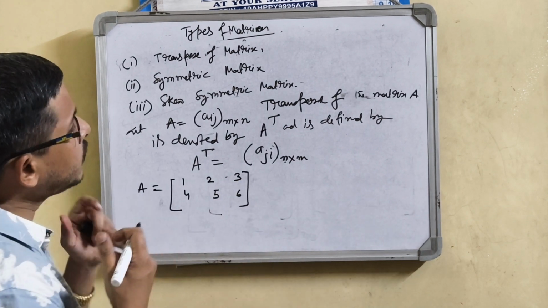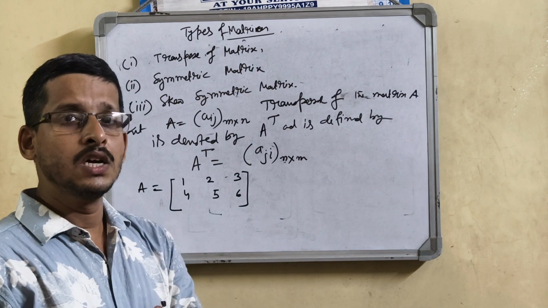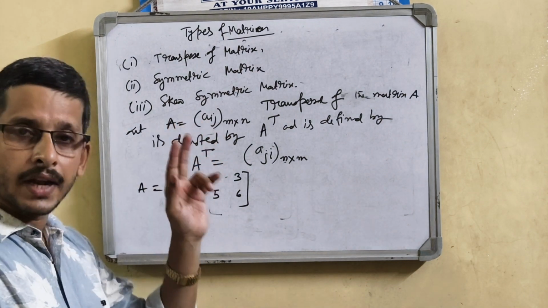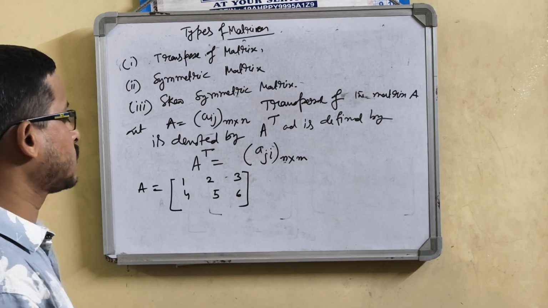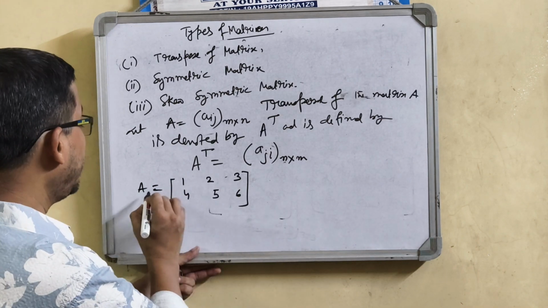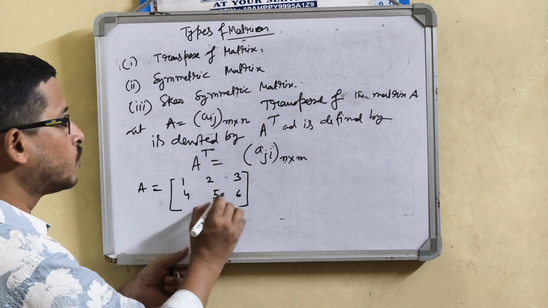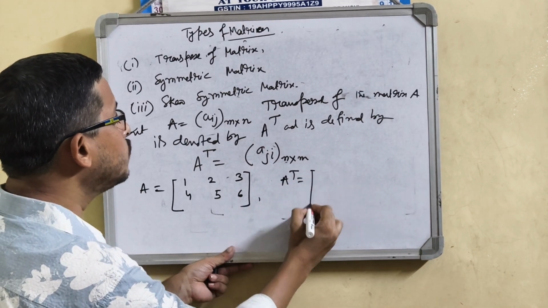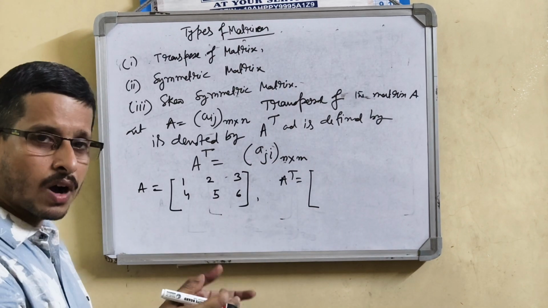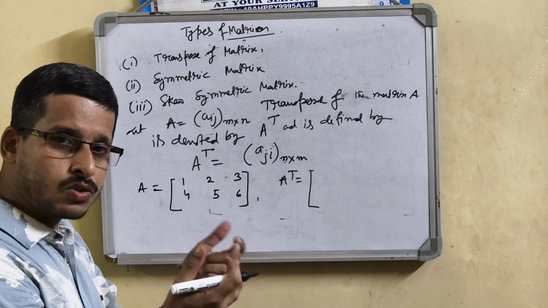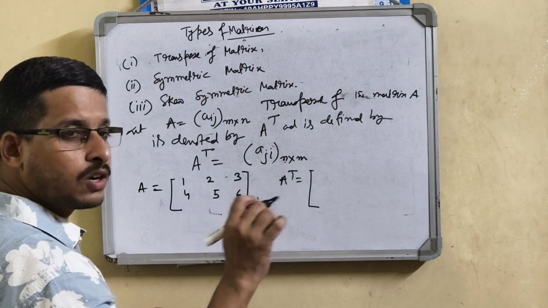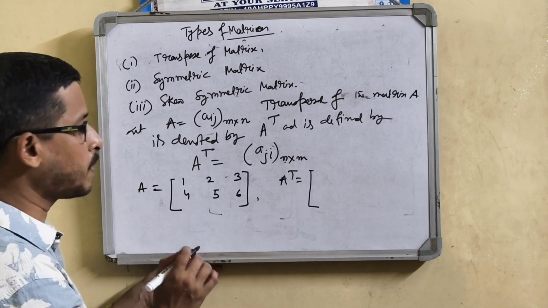It is not necessarily a square matrix; it may be a rectangular matrix and also a square matrix. So if A equals 1, 2, 3, 4, 5, 6, then for the transpose of A you have to change rows into columns and columns into rows.